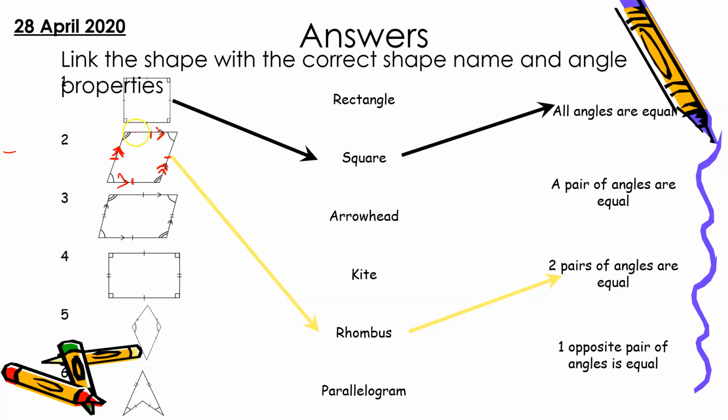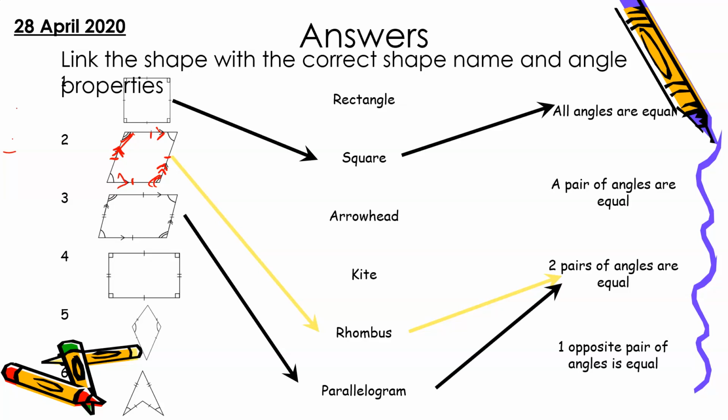The other thing is we can see that the angles we can match up as well with this rhombus. It's saying that this angle and this angle are the same. So the next one is a parallelogram, which is a rectangle with two parallel sides that aren't 90 degrees.